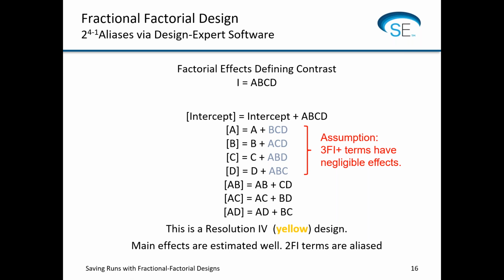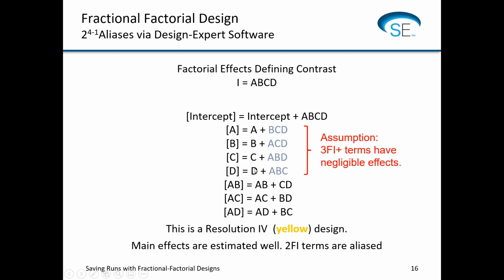That is a key assumption to be able to use fractional factorials, that three-factor interactions have negligible effects. So we just zero those out. Assume they're not at all important, especially when comparing them to main effects.